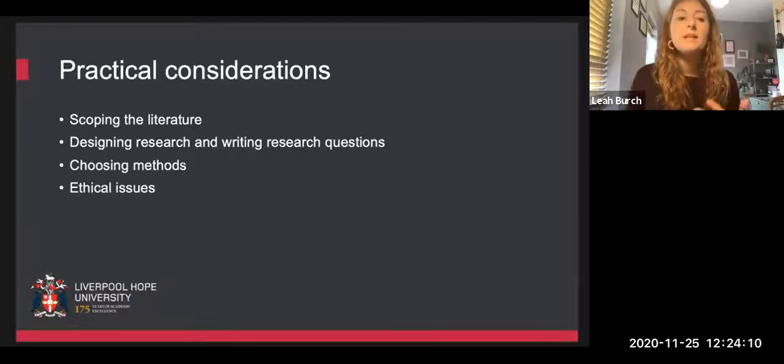Developing this, we're going to think about designing research and writing research questions. So research isn't as simple as being interested in, say, the relationship between health inequality and obesity and just going off and asking people what they think. So we need to have a really structured and systematic plan for actually going out and doing that research.